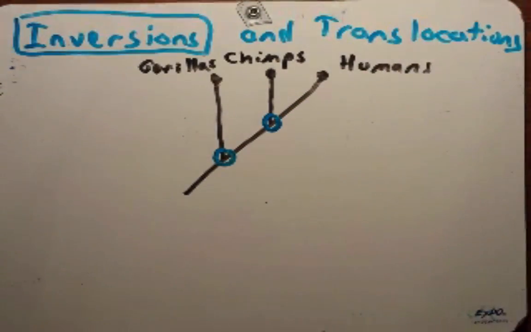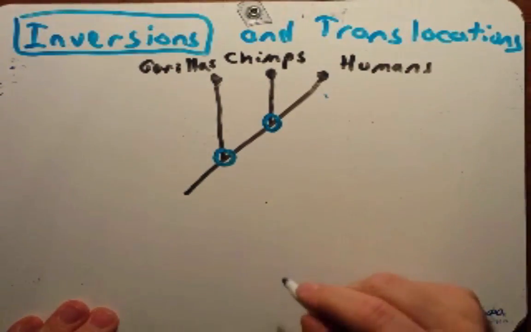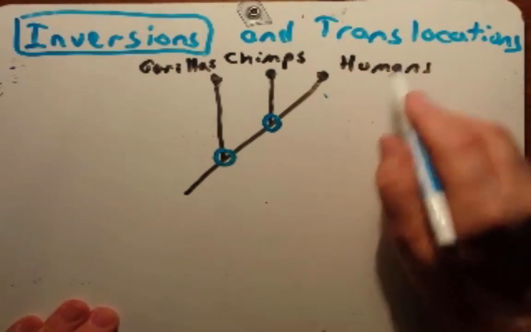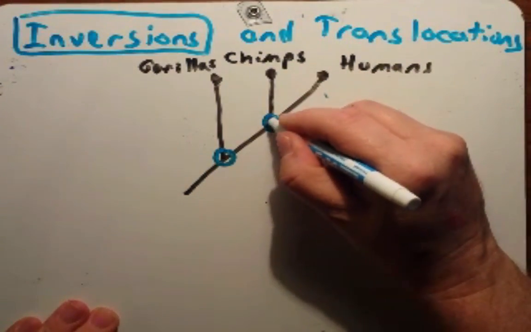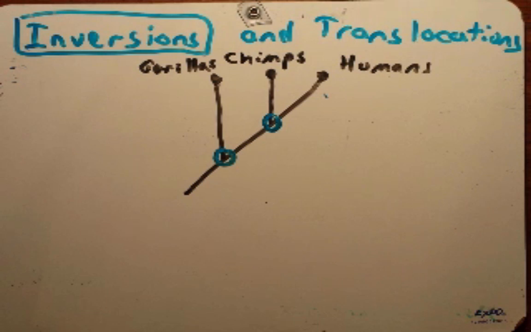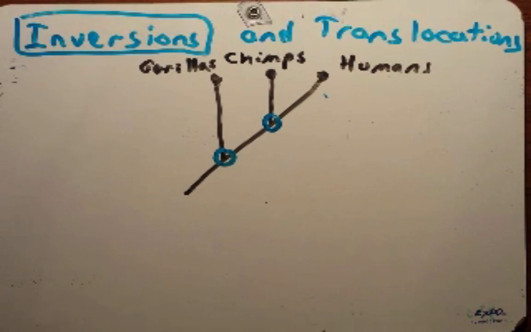What's not shown on here, just to remind you, is that there are lots of different extinct species that ultimately humans were derived from. And same thing with chimpanzees. It didn't go just from this common ancestor straight to chimpanzees. There were a lot of things in between as well. A common misconception is that humans were derived straight from a chimpanzee.